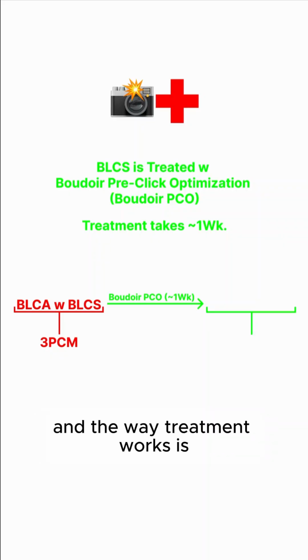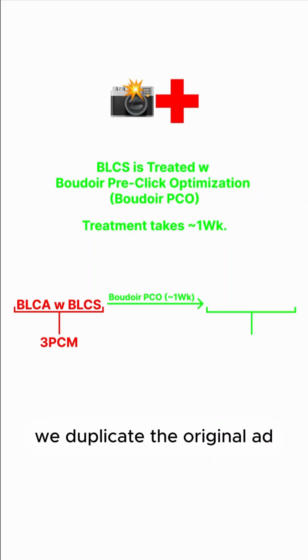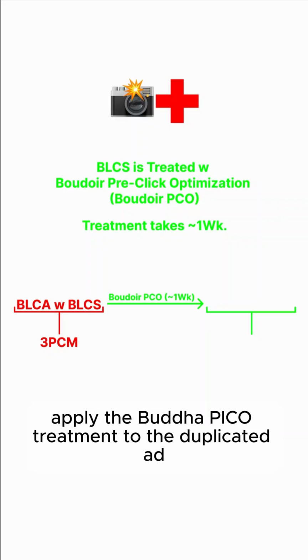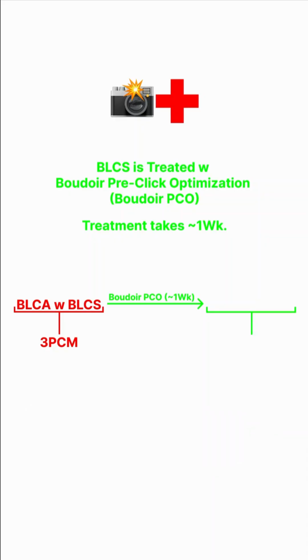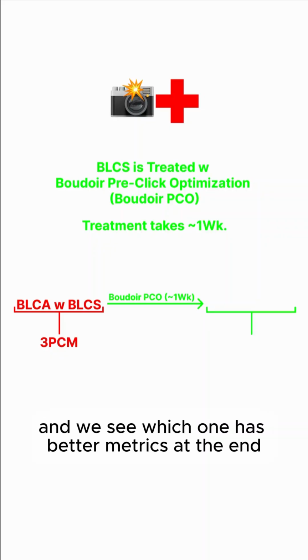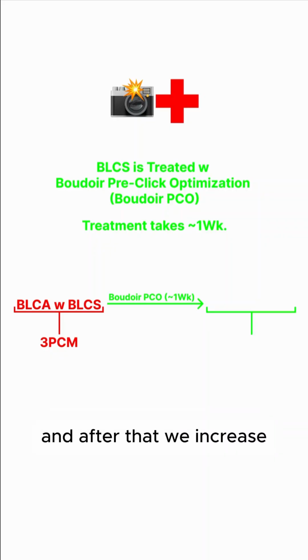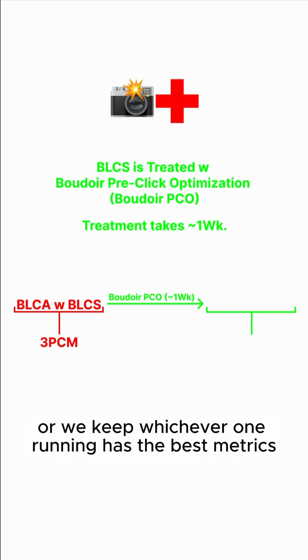And the way treatment works is we duplicate the original ad and leave the original ad as it is. We apply the Boudoir Pico treatment to the duplicated ad, leaving the original untouched. And we run them both in parallel and see which one has better metrics at the end. On average, it takes about a week. After that, we keep whichever one has the best metrics running.